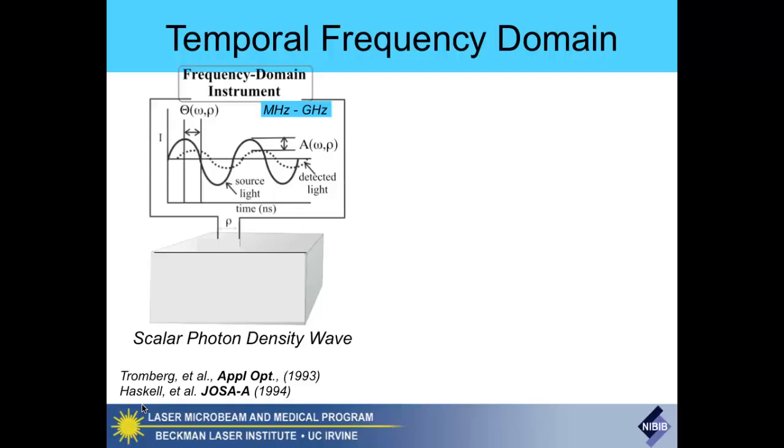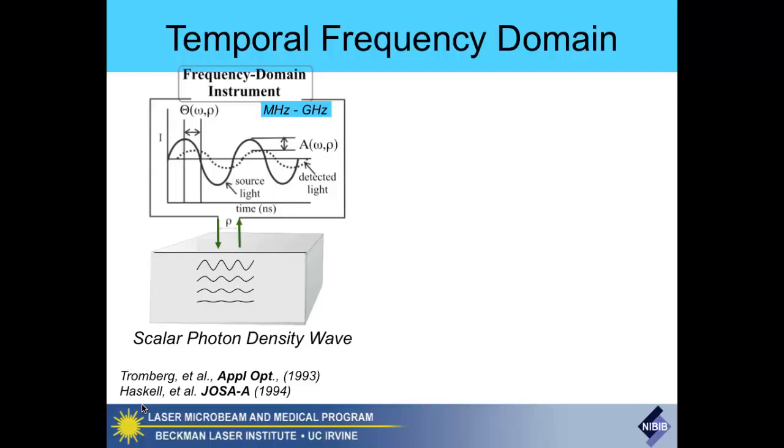So we'll get this modulation, and we will get propagation of these waves into tissue. So this is a scalar photon density wave. I maintain the modulation characteristics in time. And as they go through tissue, they undergo dispersion. Dispersion means that the phase velocity of the wave is nonlinear with frequency in some way. And we'll talk a little bit about that.